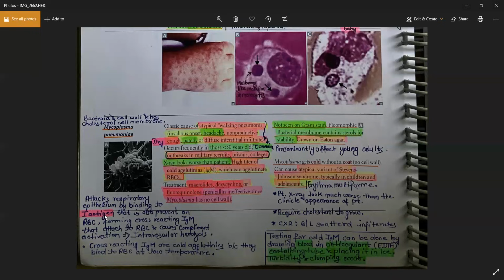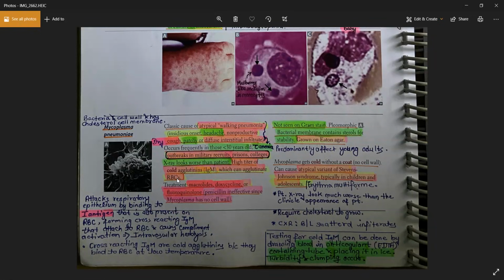Sometimes this antigen cross-reacts with the RBC. So during the infection with Mycoplasma, you will also get anemia because of the cold agglutination. Once the disease is over, once the inflammation against this bacteria is over, you will get normalization of the RBC count. Okay, so that's it.